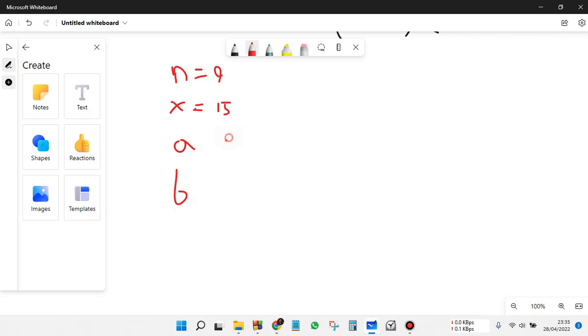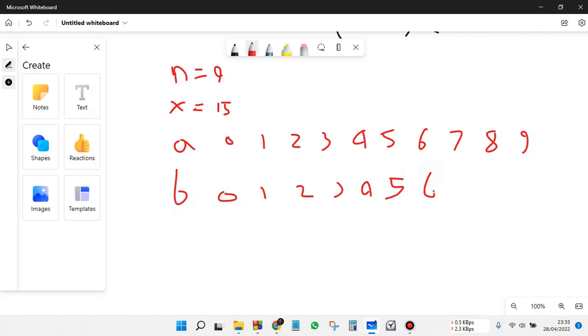Here a is equal to 0, 1, 2, 3, 4, 5, 6, 7, 8, 9, and b is 2, 3, 4, 5, 6, 7, 8, 9.